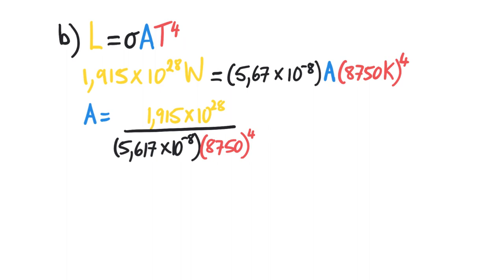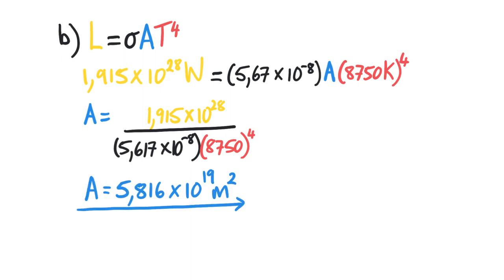We now take the product of these two values and divide it into the luminosity value, as we can see here. And we get that the approximate area is equal to 5,816 times 10 to the 19 square meters, which means it is a huge number.